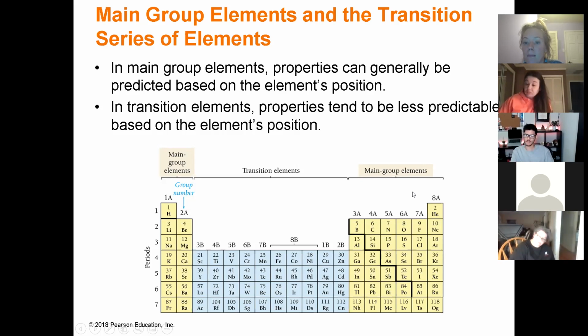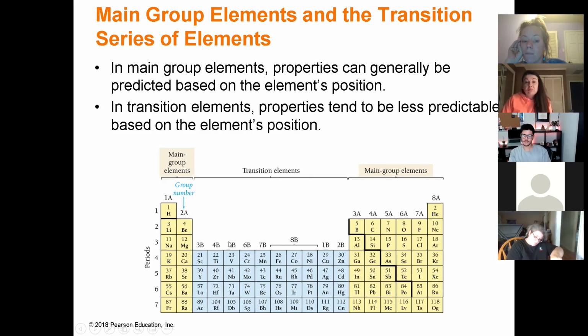We call them main group elements because they generally have relatively predictable charges and properties. They behave in a similar way. So everything in this first column behaves outside of hydrogen. Hydrogen kind of does its own thing. But lithium, sodium, potassium, rubidium, cesium, they all do a very similar thing. Everything in column 2, again, they behave similarly, so on and so on.